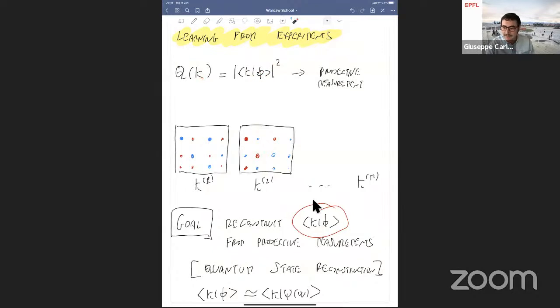I'm not talking about global phases. I'm really talking about the k-dependent phase of the wave function. Wave functions with different phases will have the same probability distribution Q, so you will not have any way of reconstructing it.